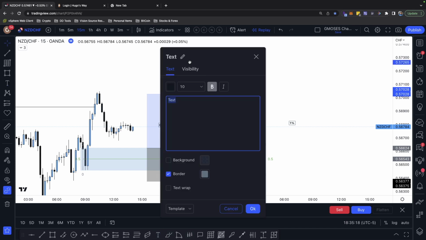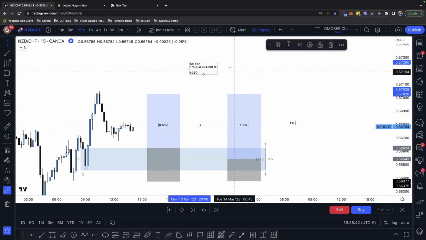Okay, so basically what we can do, we can use our formula on here and say, let's say for example, we had a $50,000 account. Okay, and we knew that 1% risk is $500. So what we can do, we can divide that 500 by 2, and we can say each entry we want to risk $250.